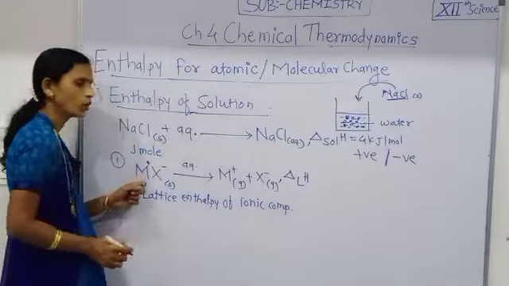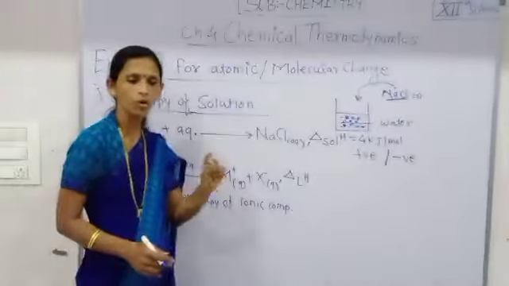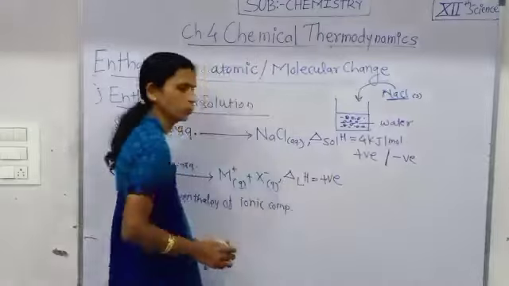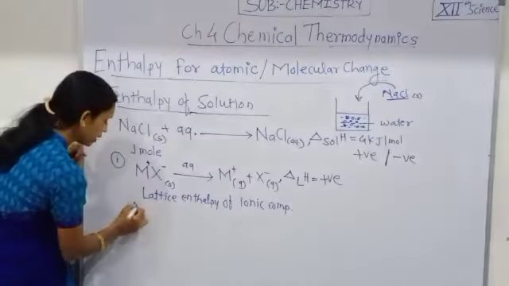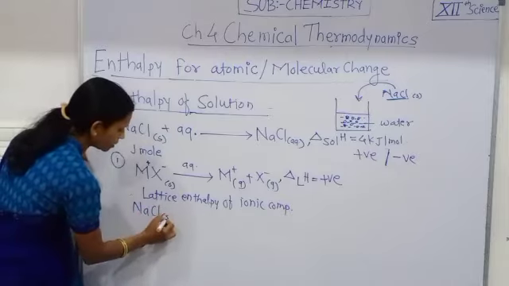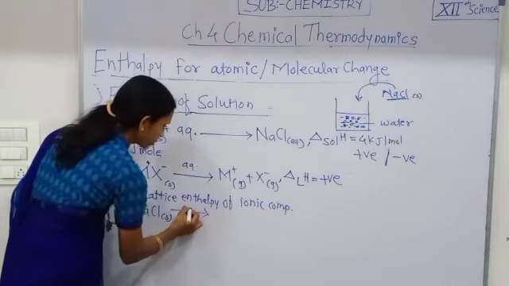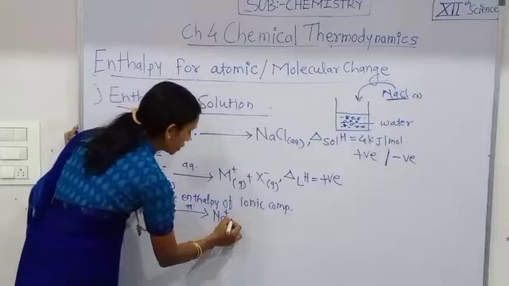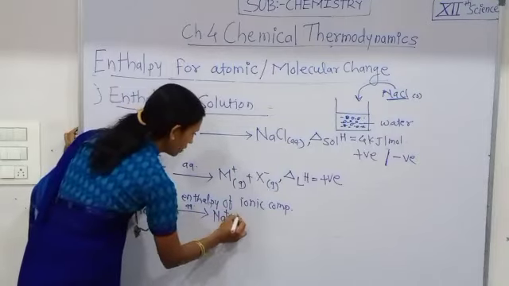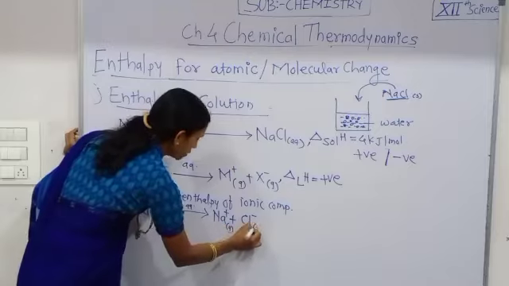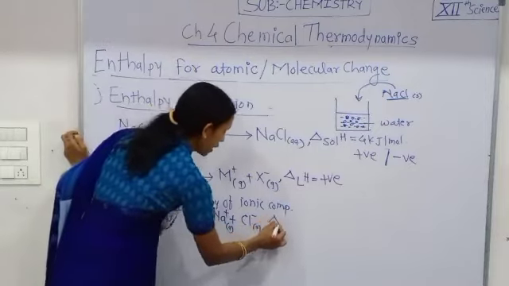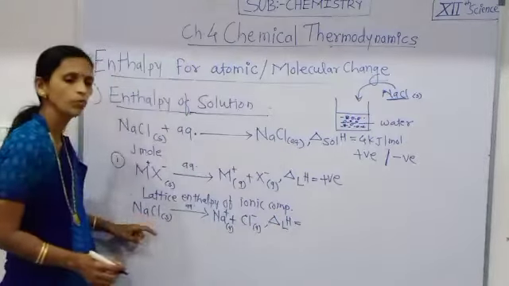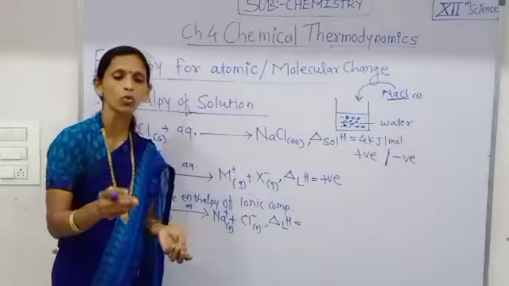The lattice enthalpy of any substance is always positive. For NaCl, common salt, NaCl dissociates in aqueous medium into Na plus and Cl minus ions, and the enthalpy related to that process is the lattice enthalpy of sodium chloride.